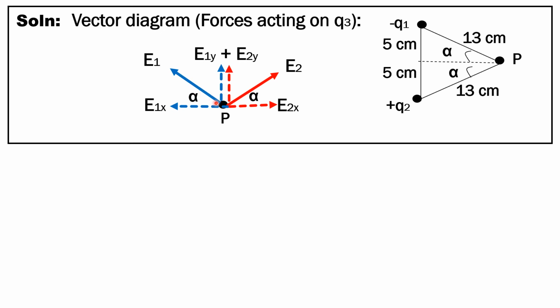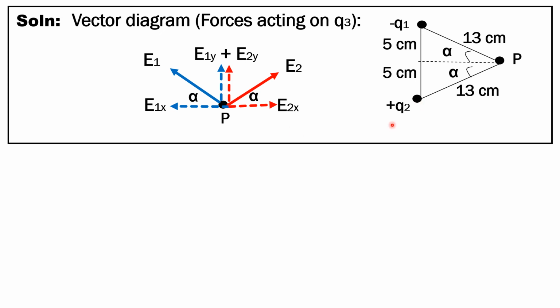And we can define that angle alpha with respect to the horizontal or to the negative x-axis. Then what about the electric field at the same point P due to positive charge Q2?